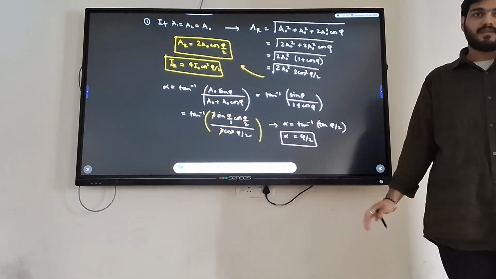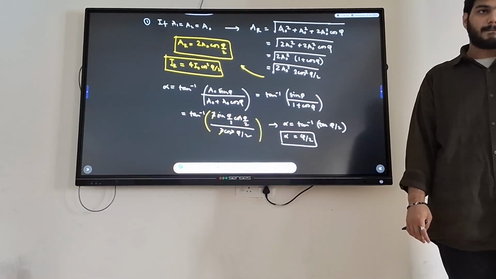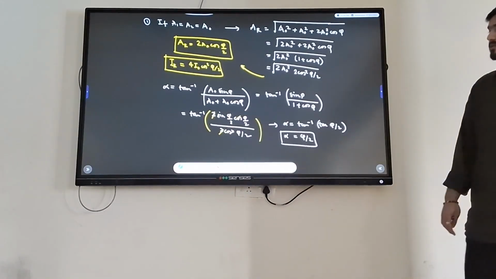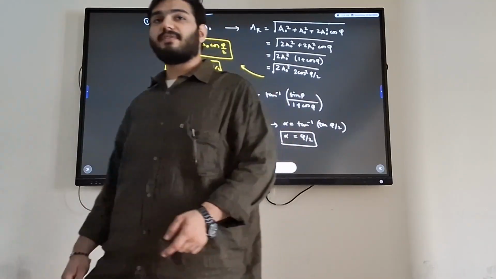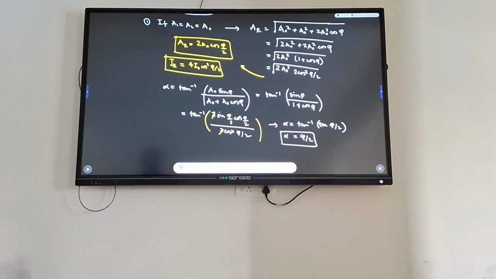Is there any problem here? Try to take a case where amplitudes are unequal, and if the phase difference is 0, then what is the final amplitude? A1 and A2 are unequal and phi equal to 0. What should be AR?